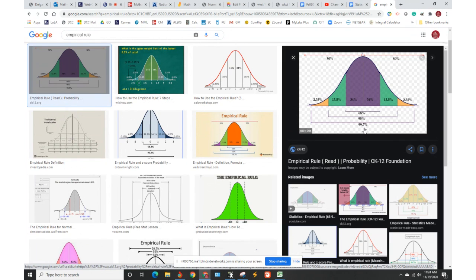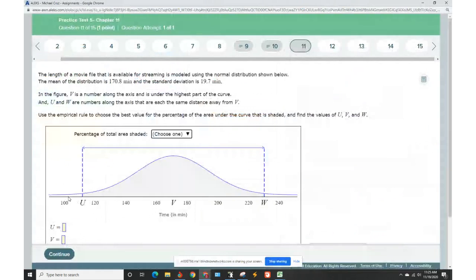They do eventually get to it, but in the earlier chapters they say almost all. 99.7 is almost all, but you've just got a little tiny piece on either side. That's 3 standard deviations.